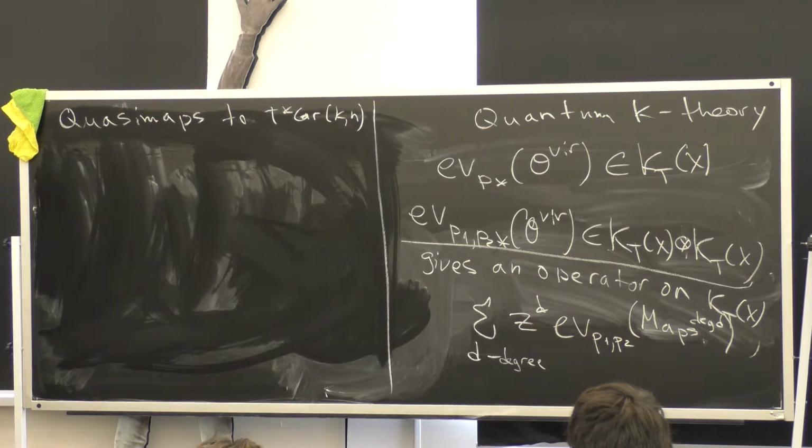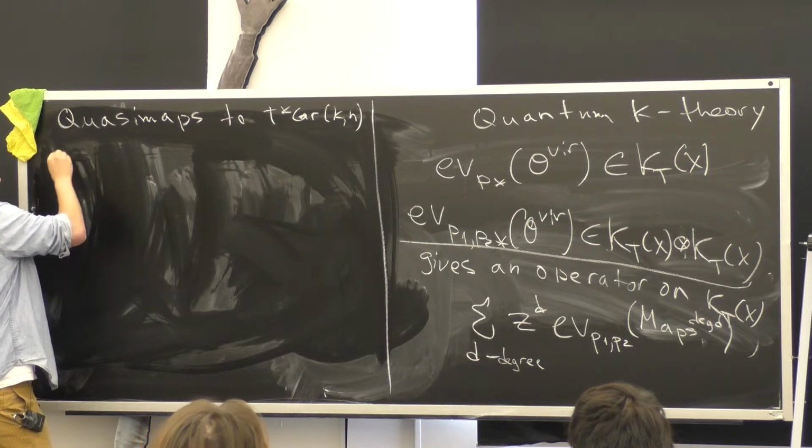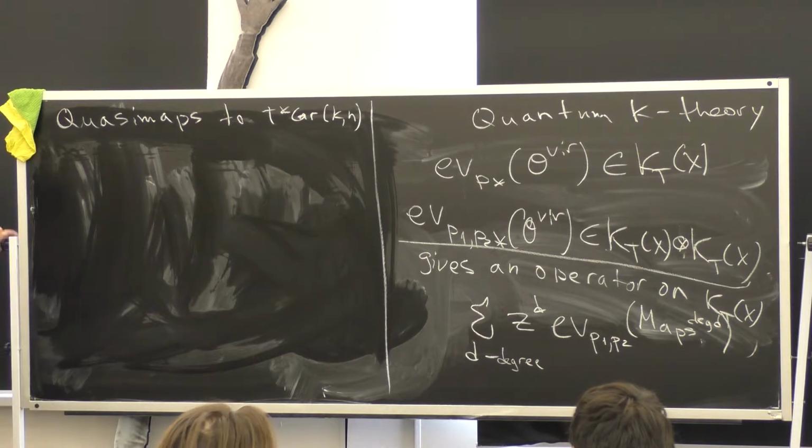So a quasi-map to the T-star Grassmannian of k-planes in N-dimensional space is the following information.